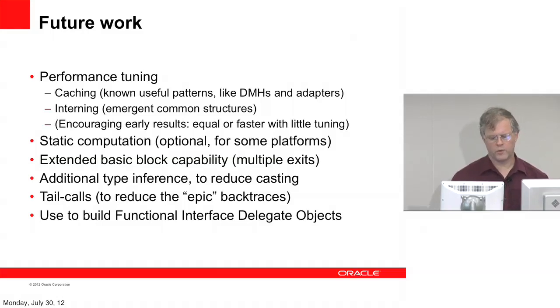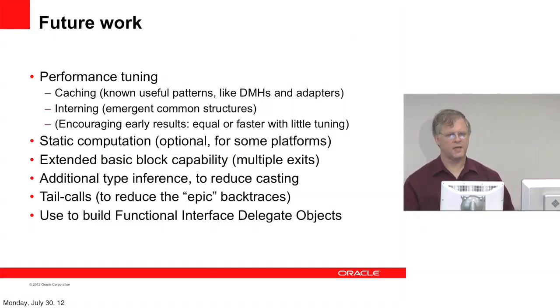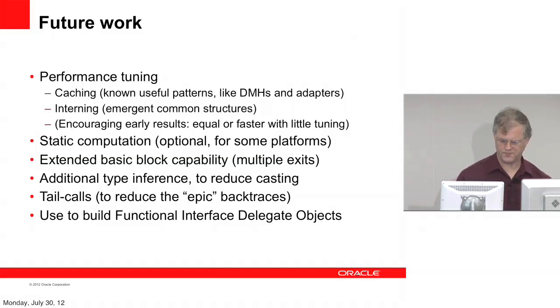And we're doing some additional type inference, very light, but the idea is to remove casting where it's really dumb. What we really would like to do is make sure that the final calls out of these are tail calls, because they're invisible as stack frames, so there's no reason to keep them around, and they should be tail calling each other. In any scheme system, they would be tail calls, or Haskell.